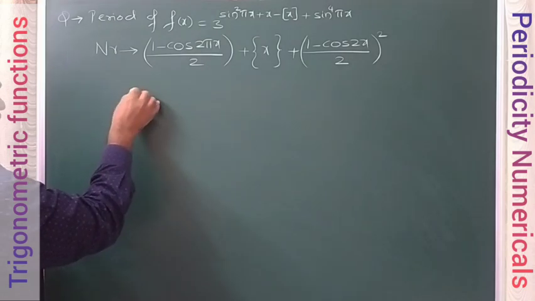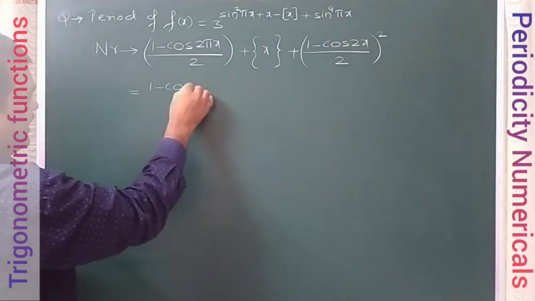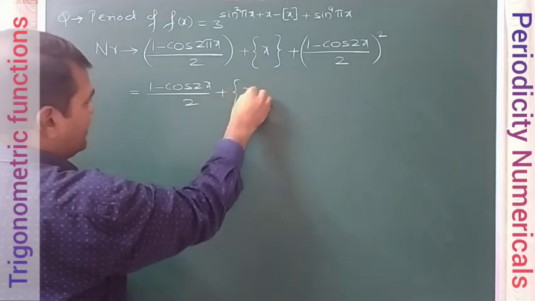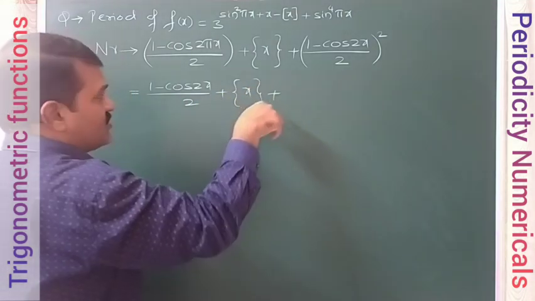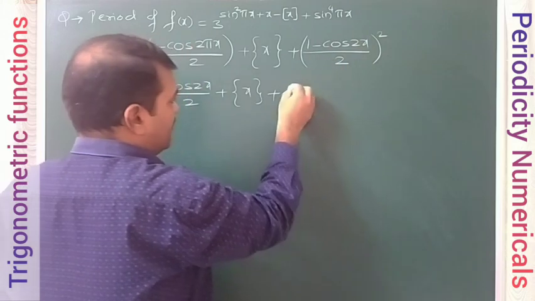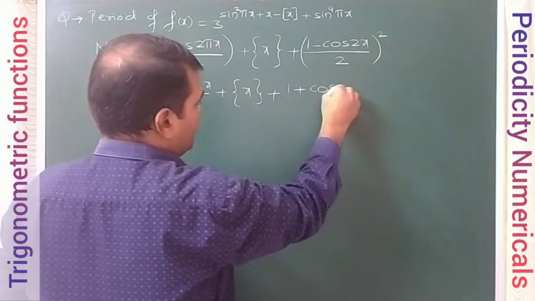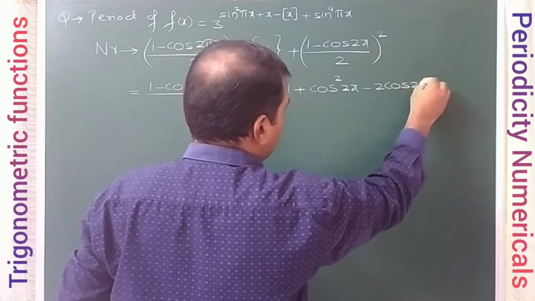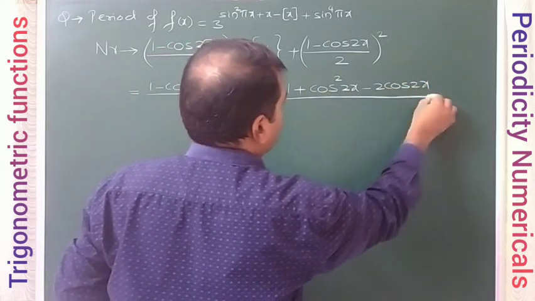Let me simplify: 1 minus cos 2 pi x by 2 plus the fractional part of x. Using the a minus b whole square formula, 1 plus cos square 2 pi x minus 2 cos 2 pi x, by 4.